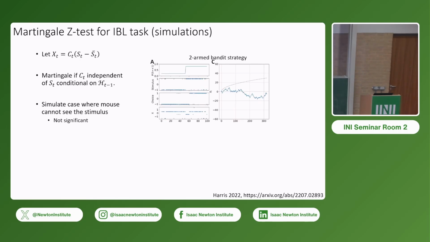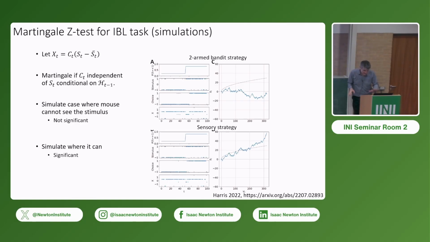And what we see in this case, this is the cumulative conditional variance of the martingale. And this is the actual value of the martingale in a simulation where the mouse can't see the stimulus. And this is the same thing in a simulation where it can see the stimulus, right? So what we've got, we fixed a cumulative variance threshold ahead of time, and we stop it there.